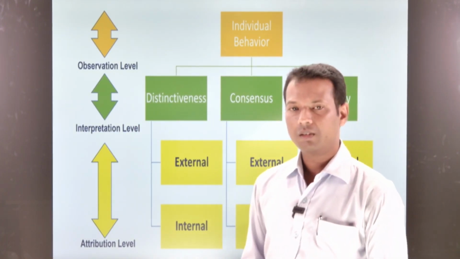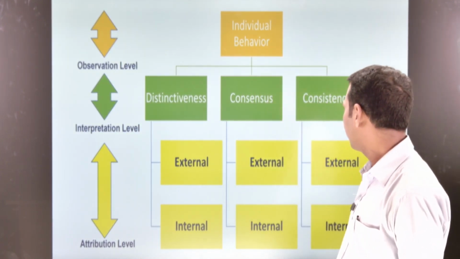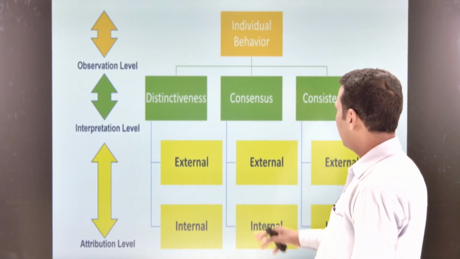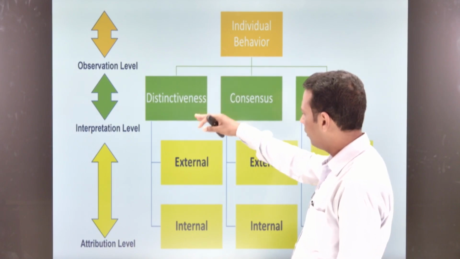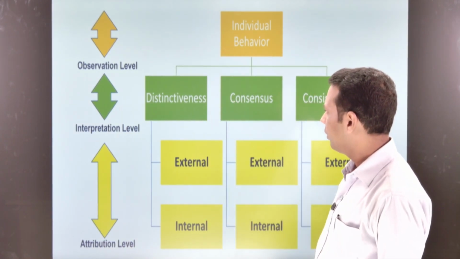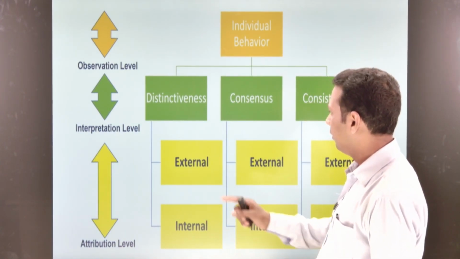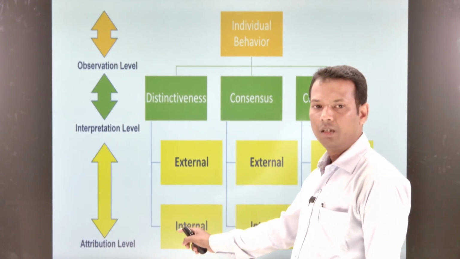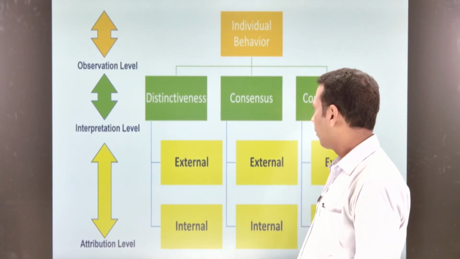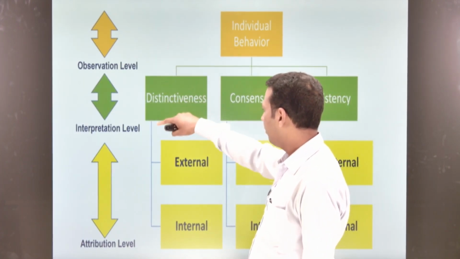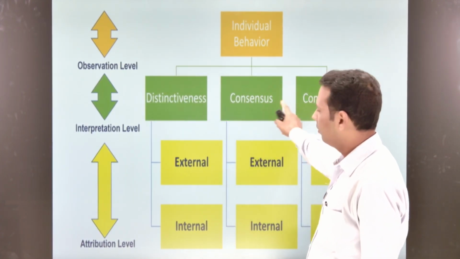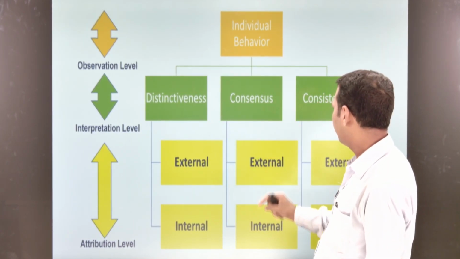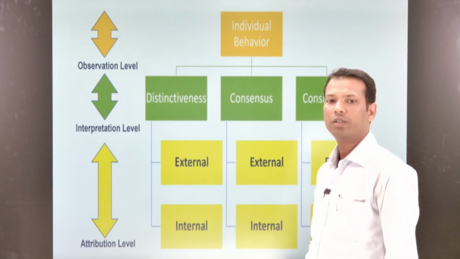In this diagram, you can understand. So this is the individual behavior, and there are three levels. One is the observation level, the second is the interpretation level, and the third is the attribution level. From the observation level to the interpretation level, there are three factors: the distinctiveness factor, the consensus factor, and the consistency factor.